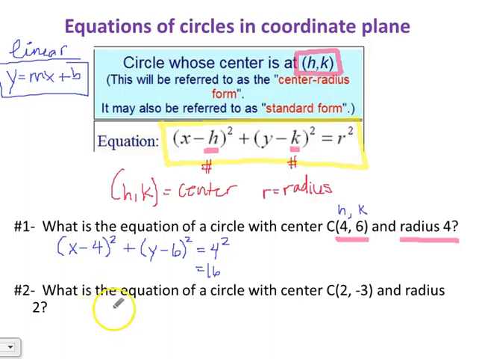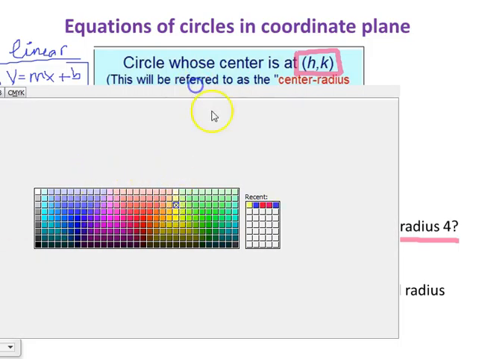So for the equation of the circle, we leave x as is, and then we write minus. Our center is at (h, k). It was given right here. Our h value is 2, so we're going to write (x minus 2) squared, add to it (y minus -3). So here we had a double negative because the equation that we're working with for circles always has a negative built in to begin with.